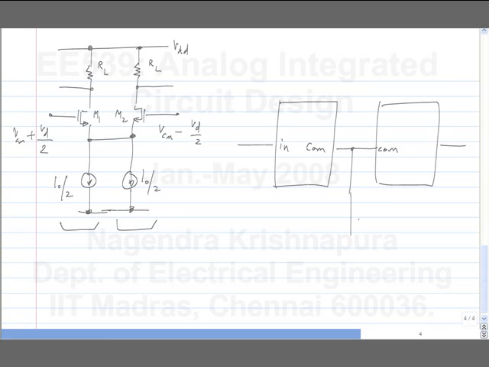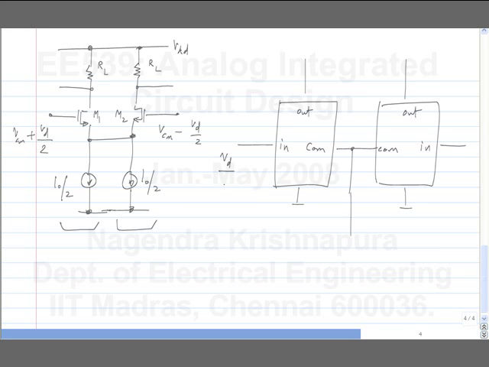So this is common, and each one has some ground reference. This is the input, and I'll call this the output. Again, there may not be an explicit output, it's whatever node is there in the circuit. Now let's say first of all I excite this with a common mode of 0.